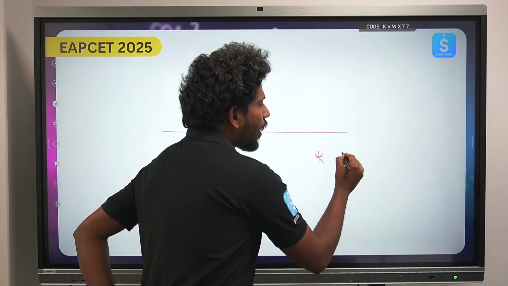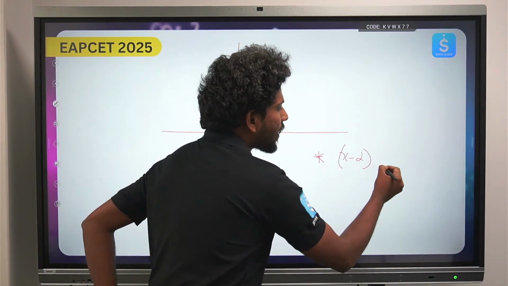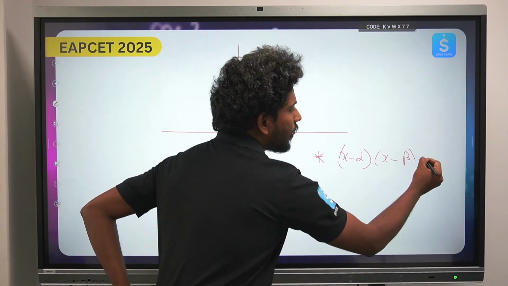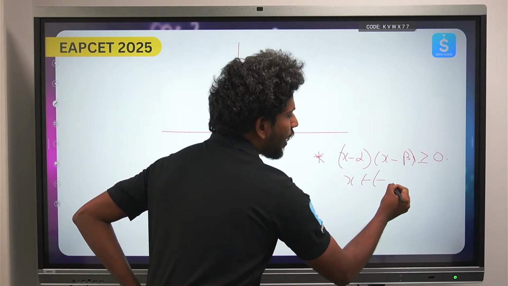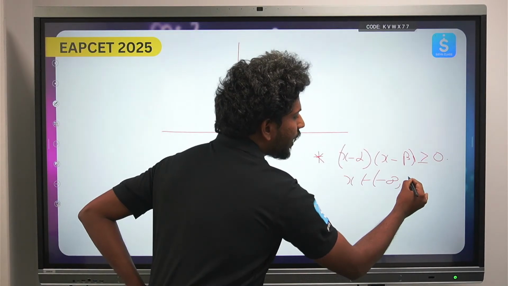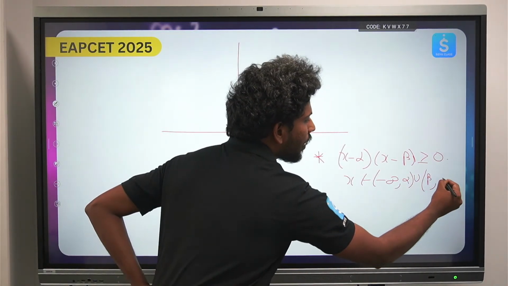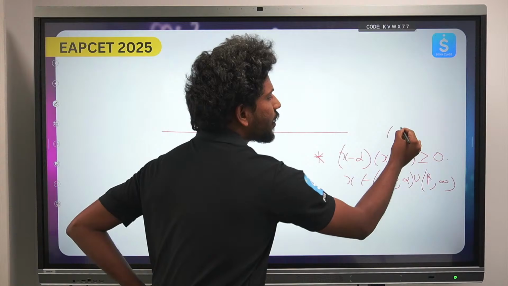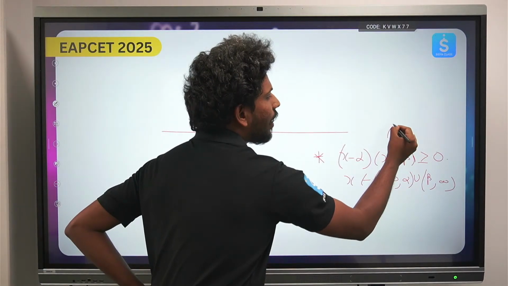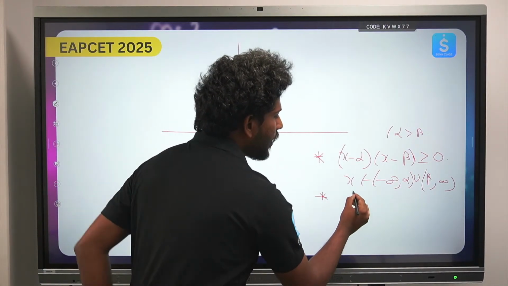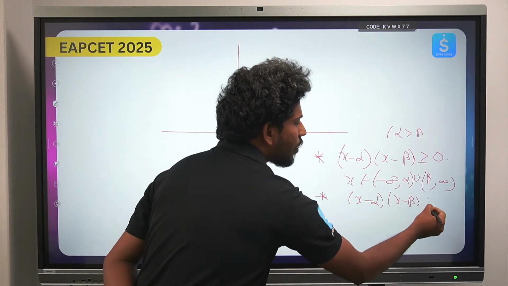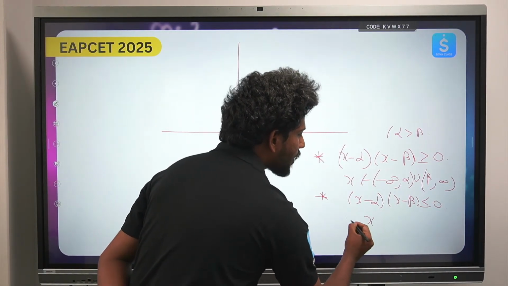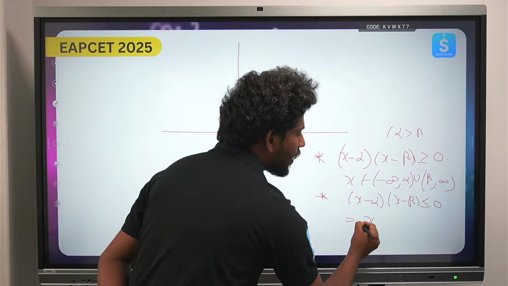Whenever you have (x minus alpha)(x minus beta) greater than or equal to 0, that means x belongs to minus infinity comma alpha union beta comma infinity. Here I should mention that alpha is greater than beta. One more note point to be taken: (x minus alpha)(x minus beta) less than or equal to 0 implies that x belongs to alpha comma beta.